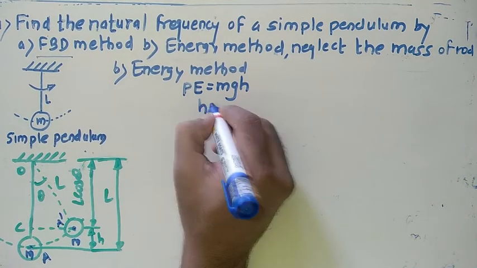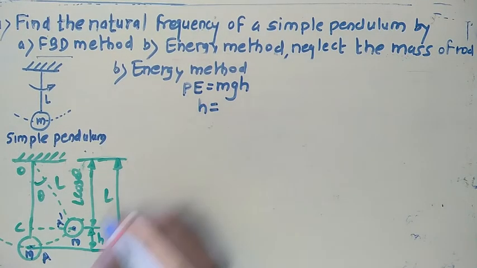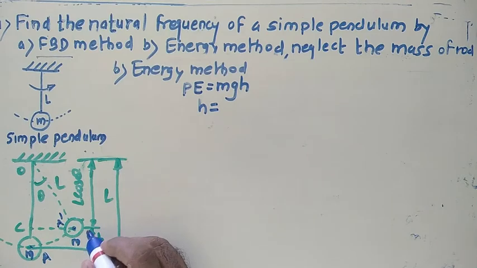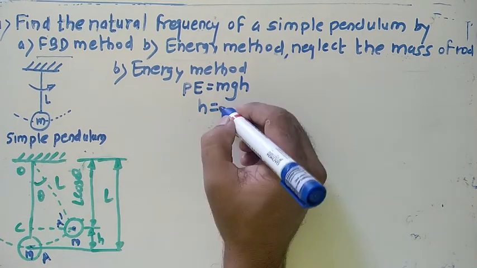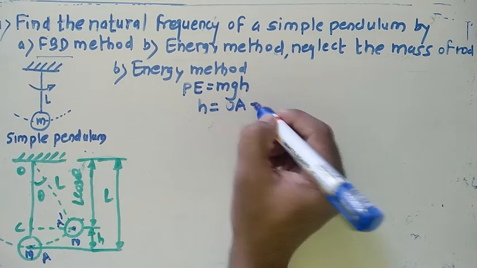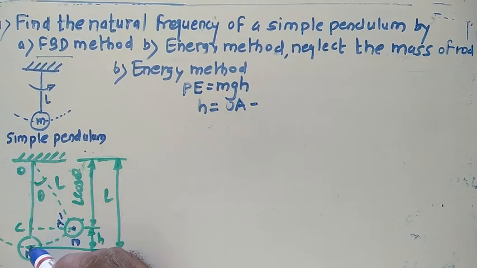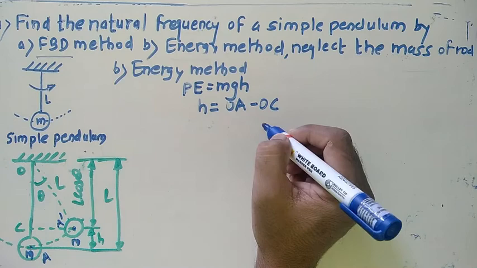From the geometry, h is nothing but OA, the total length, minus OC. So the difference between OA and OC is nothing but H.